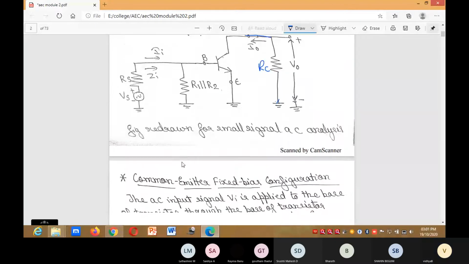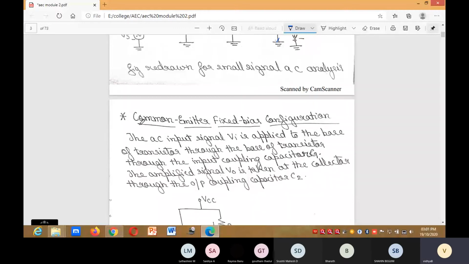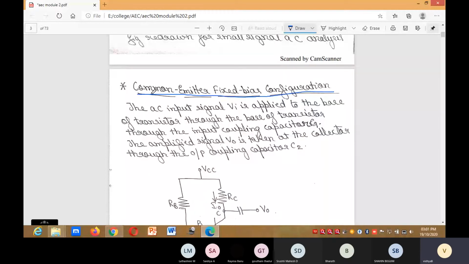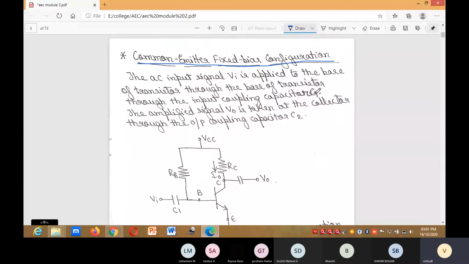Okay. Next topic is common emitter fixed bias configuration. In the first module, we have read about fixed bias configuration. In this module, we are reading about common emitter fixed bias configuration.